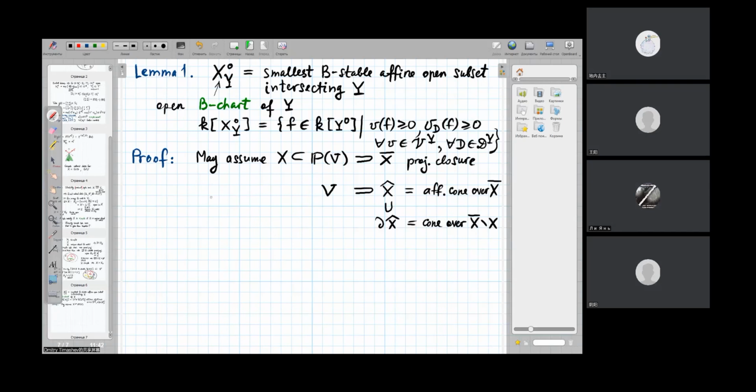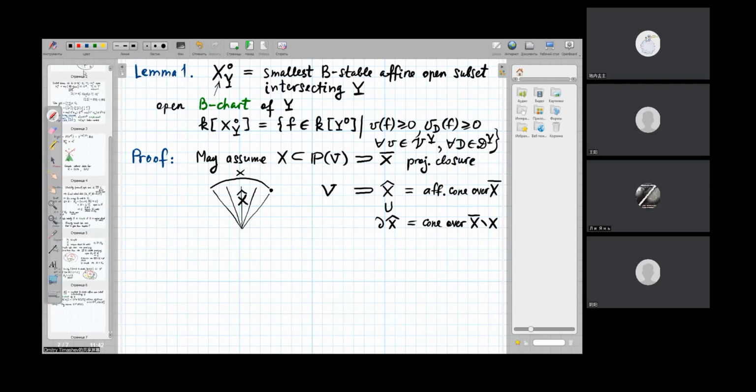Again, as usual, here is a picture for you. We have this X in the projective space. We take its closure, so we get X bar. We take the cone over X bar. This is what I denote X hat.